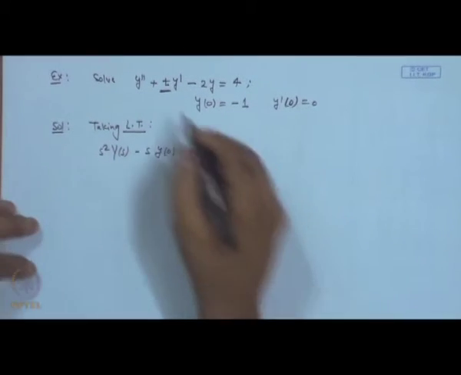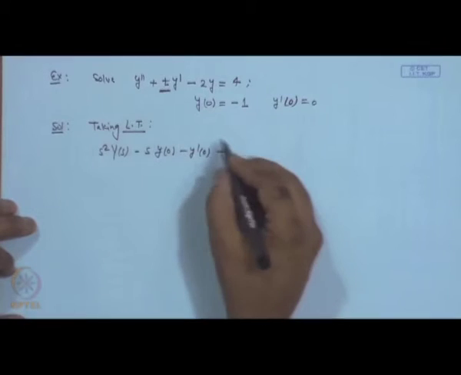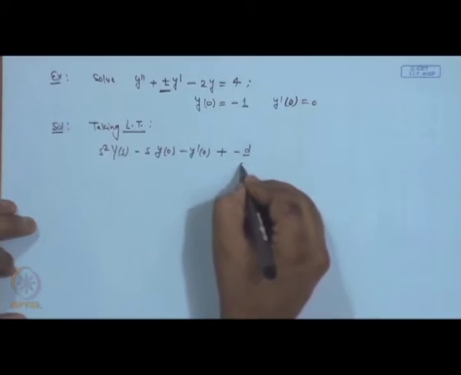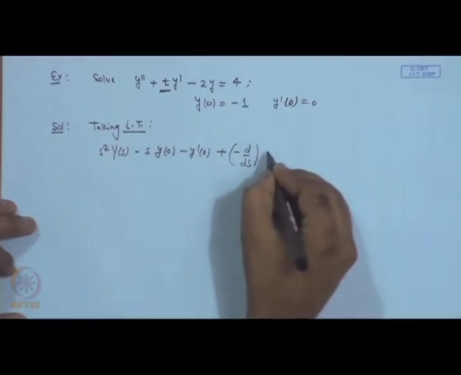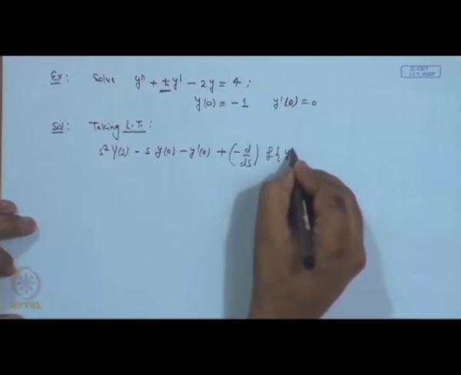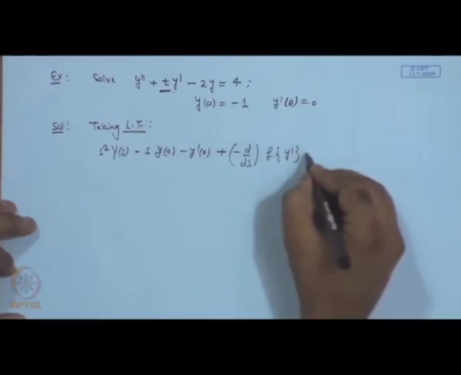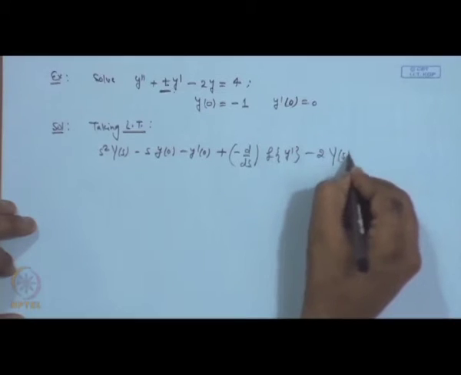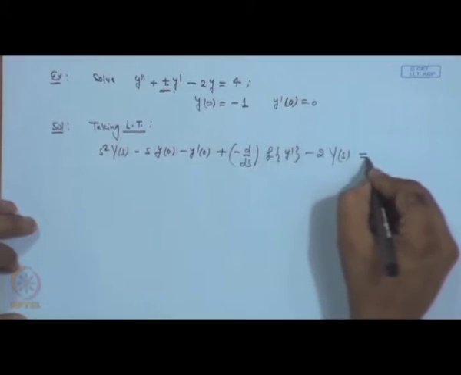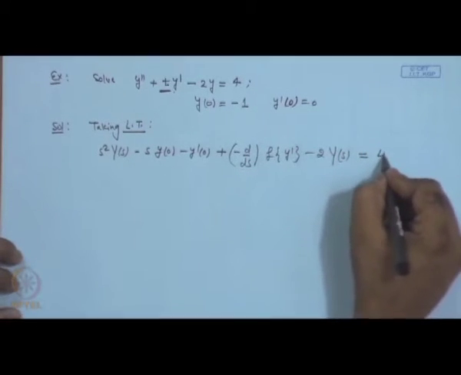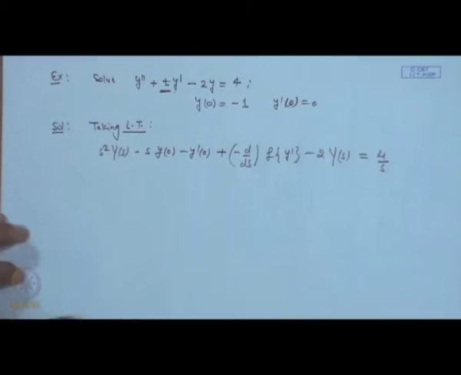Here again we use the theorem for multiplication by t, so minus d over ds of the Laplace transform of y prime, minus 2 times the Laplace transform of y, and 4 times the Laplace transform of 1, so 4 over s.